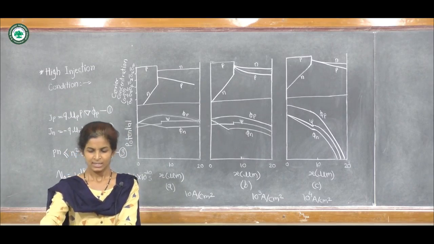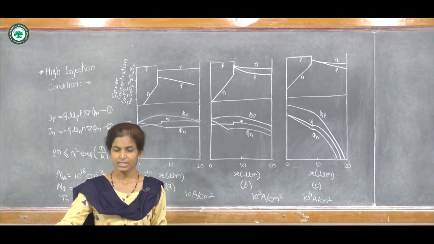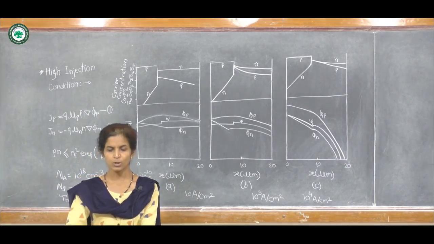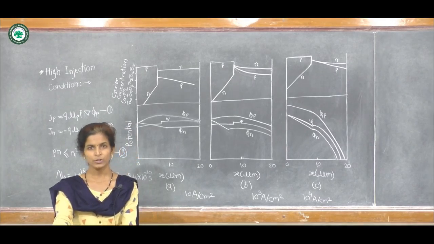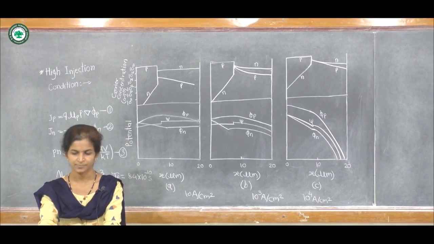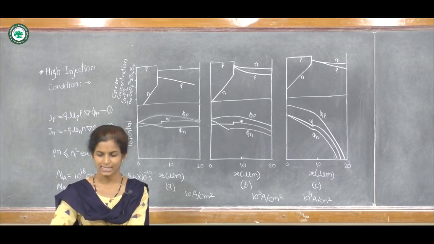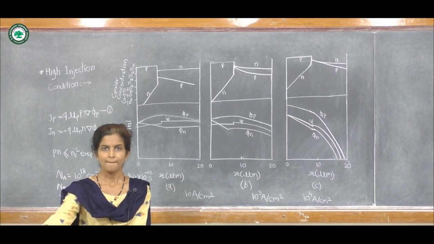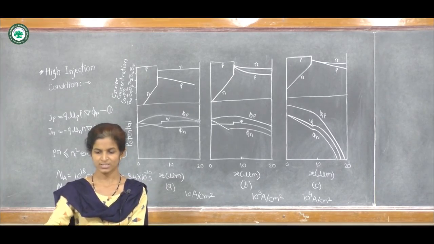At the current density of 10 ampere per centimeter square, the diode is in the low injection regime. Almost all of the potential drop occurs across the junction. The hole concentration on the N side is small compared to the electron concentration.